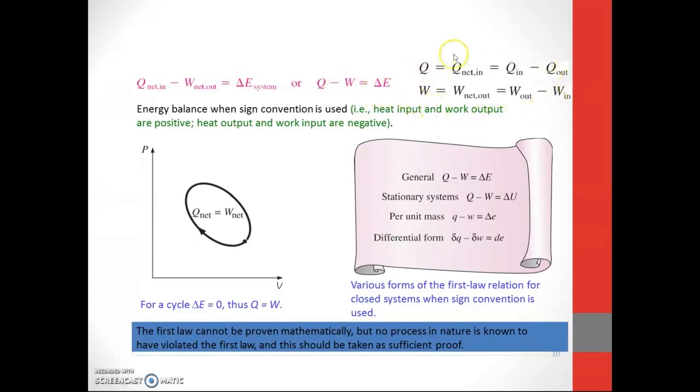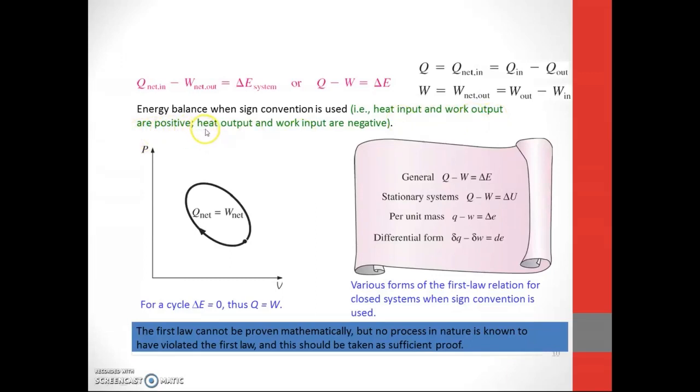This is important for you to understand. How do you relate it with the original equations? Okay, so energy balance when sign convention is used. For example, heat input and work output are positive. Remember this one? We have discussed this in an earlier module.